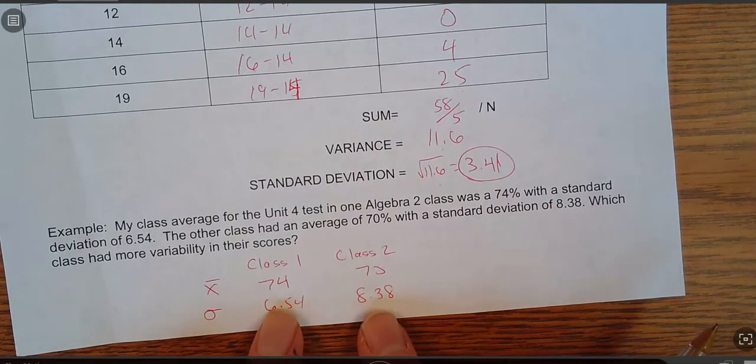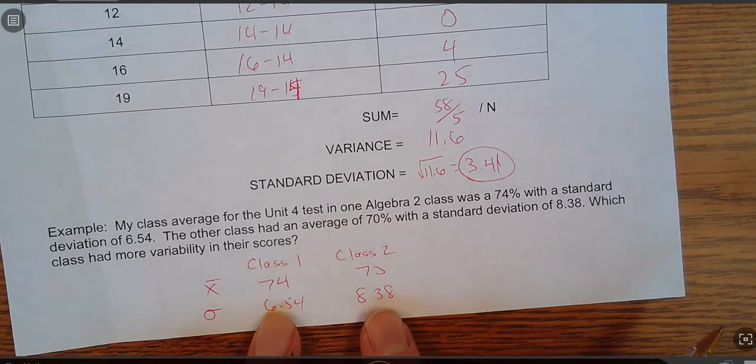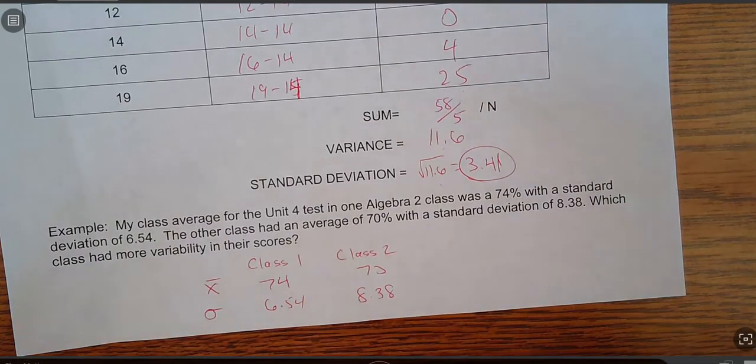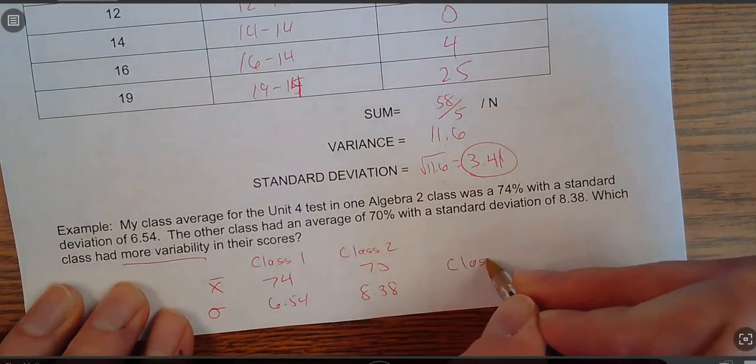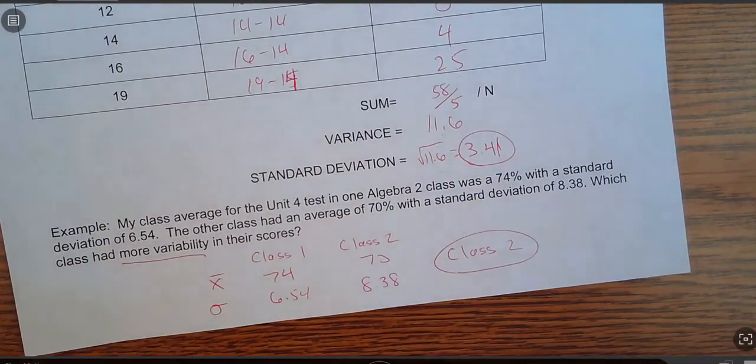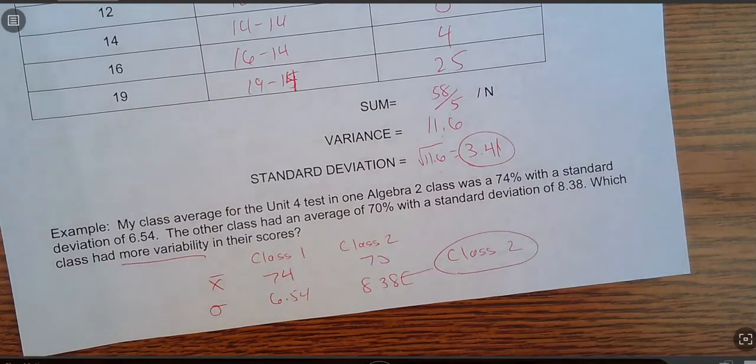But when we're talking about variability, if you want consistency, you want a smaller number. This one had more variability. On average, each piece of data was about 8.38 units away from 70. So it's more spread out. So when it says more variability, that'd be class 2, which had a higher standard deviation. Because this one is bigger, things are spread out more.